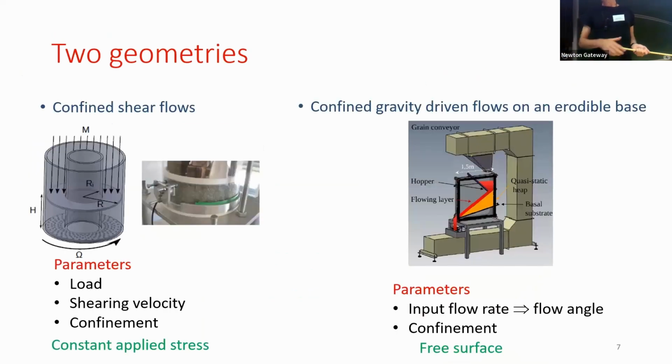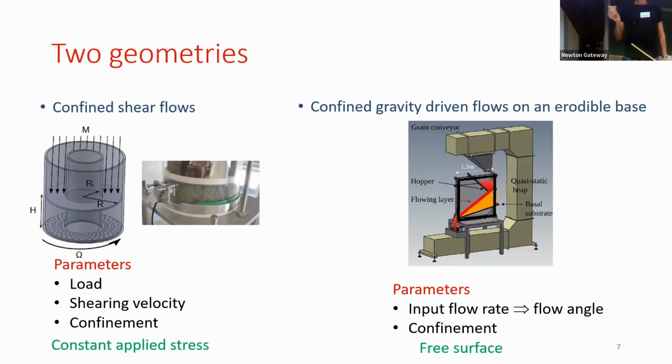So the first system is a shear cell. You have an inner cylinder, an outer cylinder, and a bottom and a top that are bumpy. The grains are between the two cylinders and between the top and the bottom.